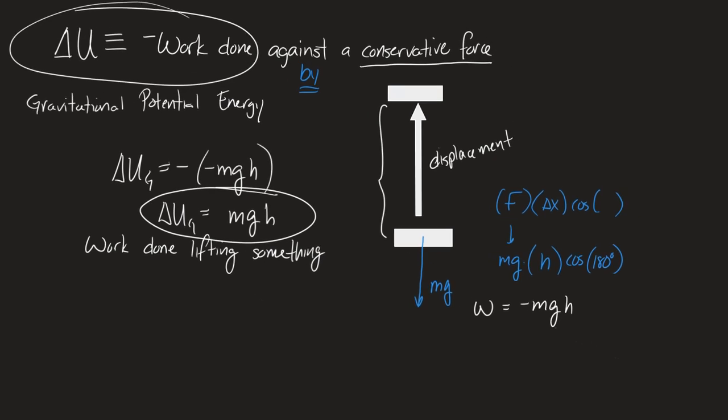Now, I'm not going to write these words down as notes, but nothing is different about the book. There's no energy stored in the book. There's energy stored in the fact that the book could be brought back downwards by gravity. This energy is stored in the connection between the earth and the book.